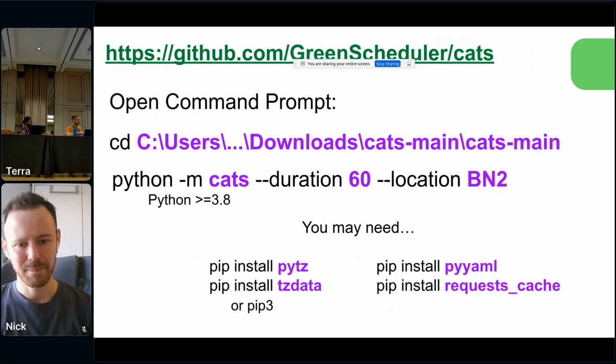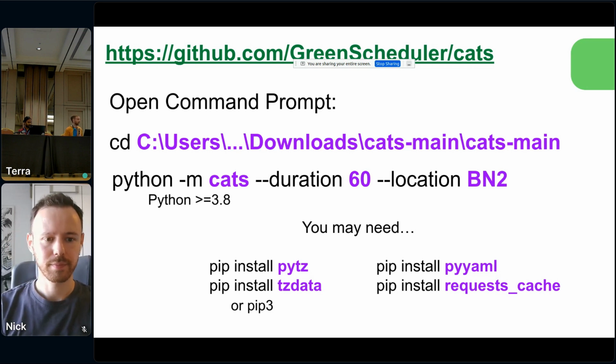So all you do is run this code, cats. You put in the estimated duration of your process, and the postcode of your location. You can also add in some more information through config files where you can define what type of processor you've got, what kind of RAM you're working with, and so on to make it a bit more accurate.